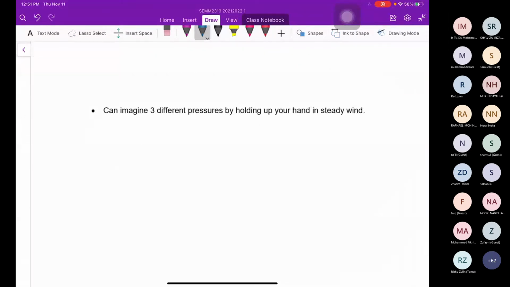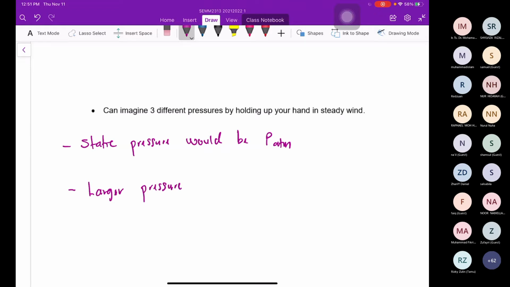You can imagine three different pressures by holding up your hand in a steady wind. For example, this is the static pressure, which would be atmospheric pressure. And then a larger pressure felt at the center of your hand would be the stagnation pressure.